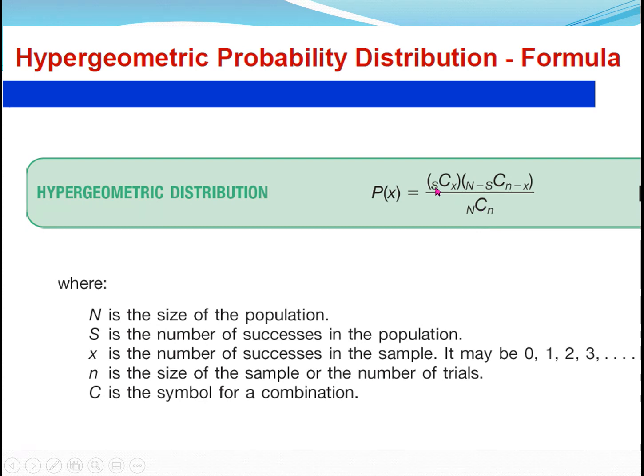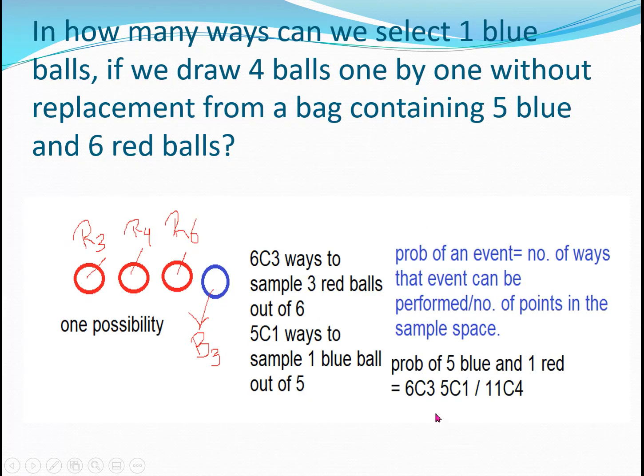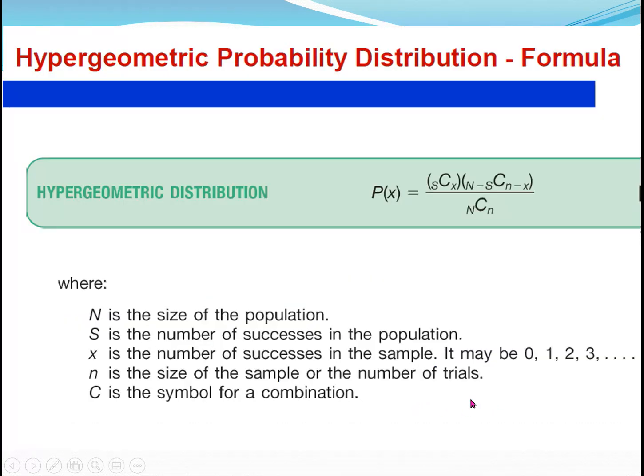Then category of interest, combination, how many observations you want from the category of interest. Then category not of interest, how many observations you want from the category not of interest. So this is the general formula for hypergeometric distribution, and this is one possible numerical example of that formula.